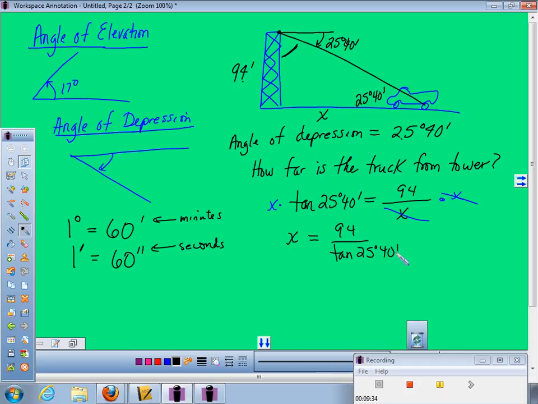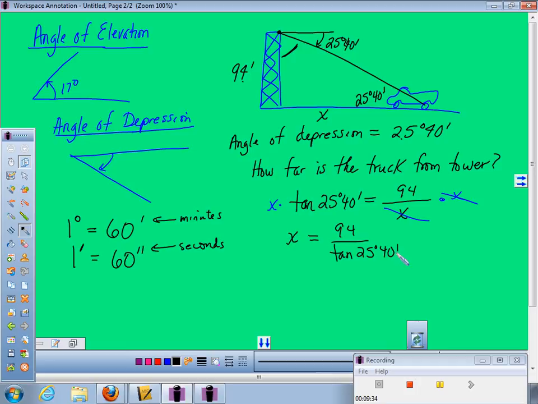Then you're going to go to your calculator, and punch this in to get your final answer. What's the minute sign? This morning also, different people had it in different places on their calculators. I'm not sure why. Put a fraction in first. Do your 94. You have a trig button, which is right below your control button. Go in there and get tangent.